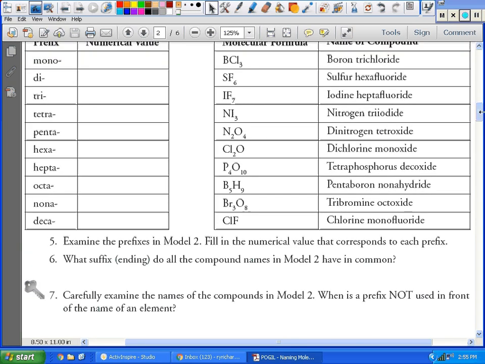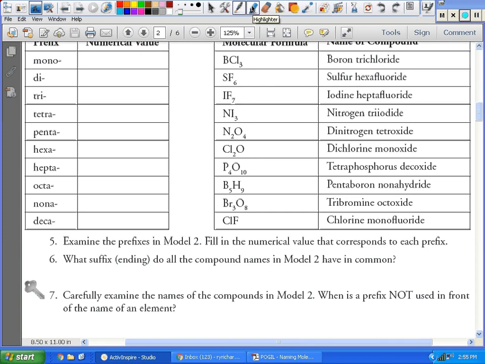So, again, if you notice, the biggest difference here, change the pen back to this. Is that not the exact same rule that we just found? Okay, so you've got dichlorine monoxide and then chlorine monofluoride. Again, it has to do with the vowel. If the element begins with a vowel, then you will change it to that.